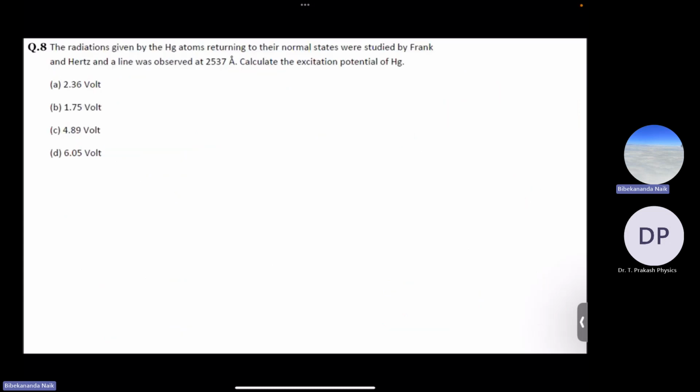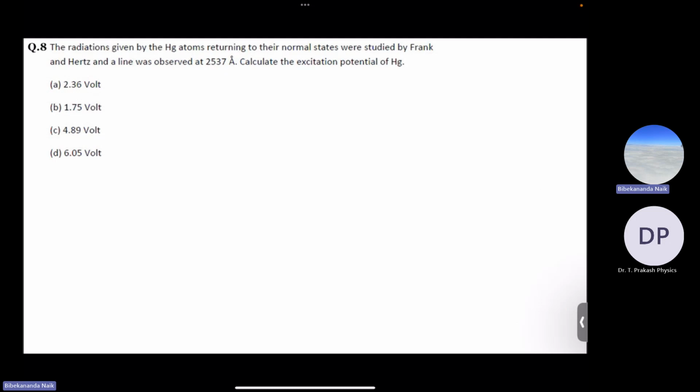Then question number 8. The question says the radiations given by the mercury atoms returning to their normal states were studied by Frank and Hertz, and a line was observed at 2537 Armstrong. Calculate the excitation potential of mercury.